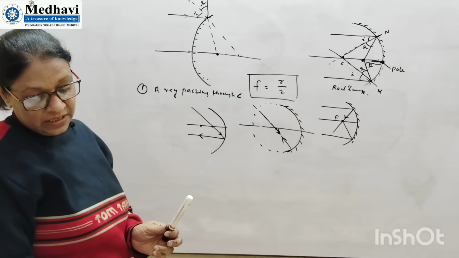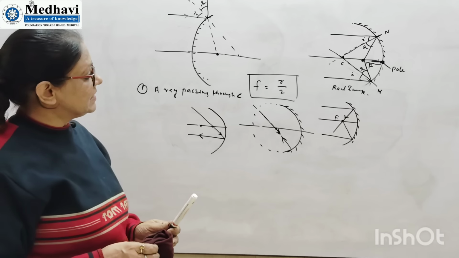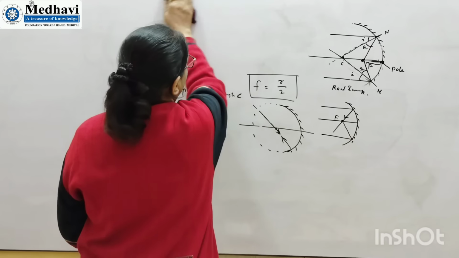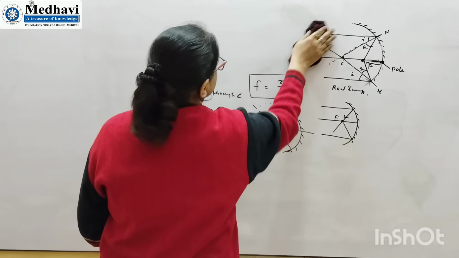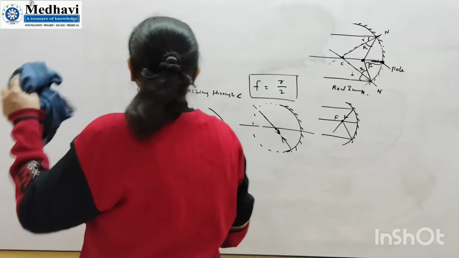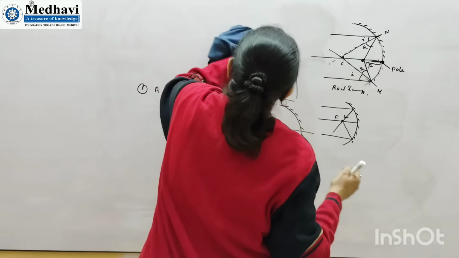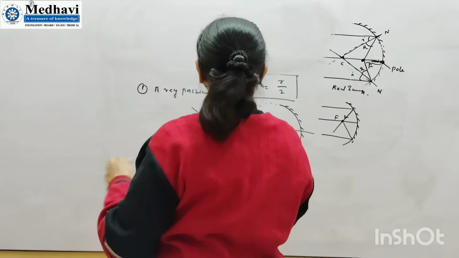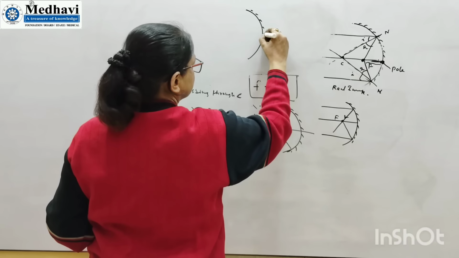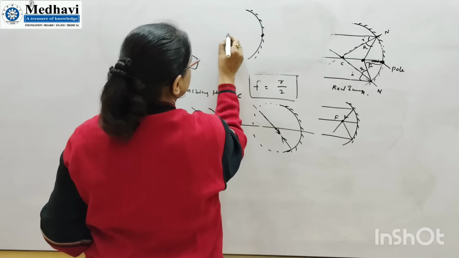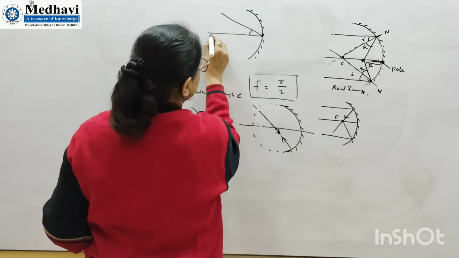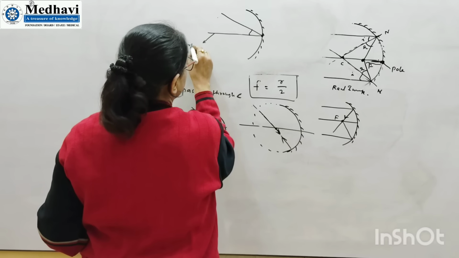And the last point, very important: a ray incident at the pole. Suppose a ray is incident at the pole, then the principal axis becomes the normal, behaving as a normal.